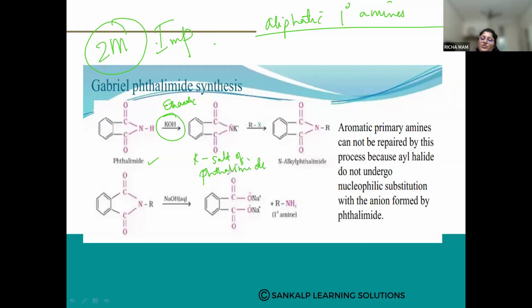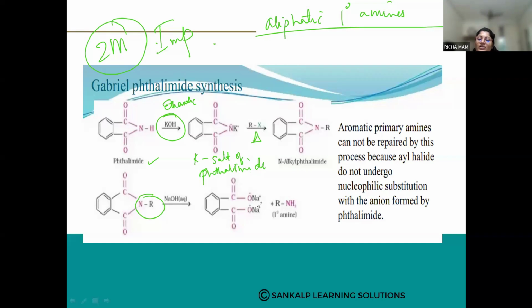This potassium salt of phthalimide is further heated with alkyl halide. It forms N-alkyl phthalimide. This N-alkyl phthalimide further undergoes hydrolysis.